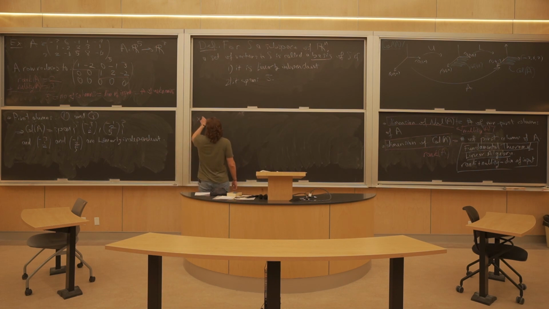So x1 equals 2 x2 plus x4 minus x5. x2 equals minus 2 x4 plus 2 x5. x2, x4, and x5 are free.